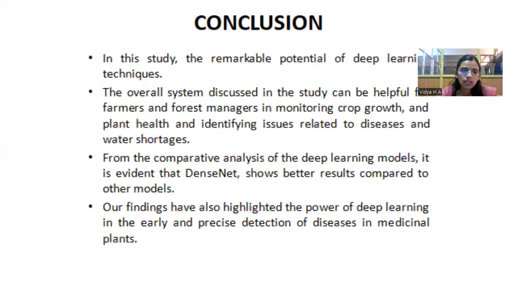From the comparative analysis, it is evident that DenseNet, VGG16 and Inception V3 show better results compared to other models, out of which DenseNet shows better performance again. Our findings have also highlighted the power of deep learning in the early and precise detection of diseases in medicinal plants.